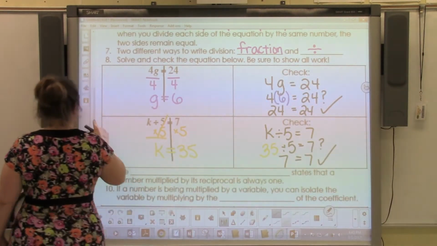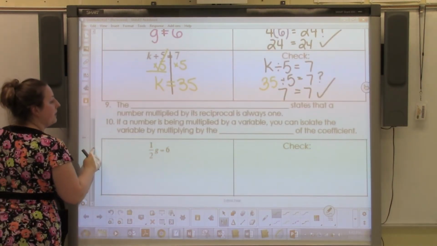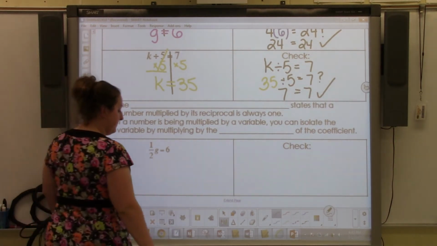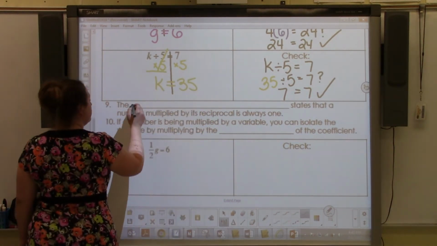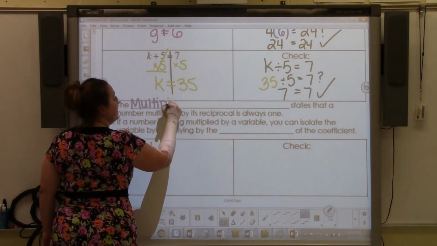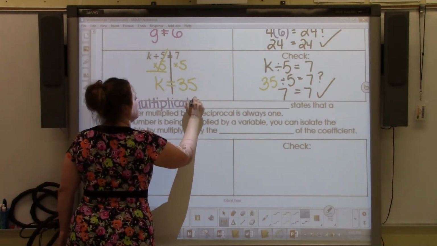All right, there are just a few more important parts before we try something with a fraction. The multiplicative inverse property. Now this sounds a little bit funny, but multiplicative sounds like the word multiplication.